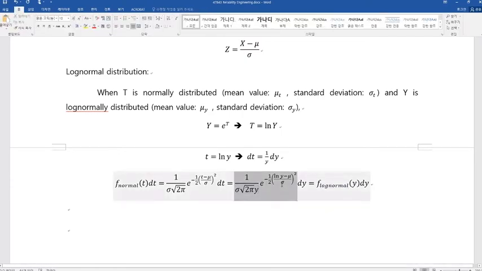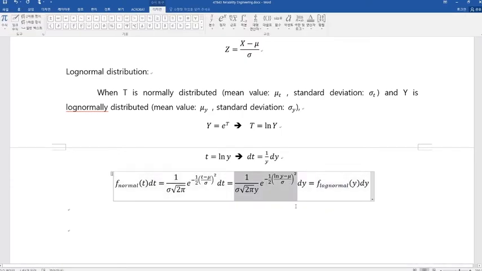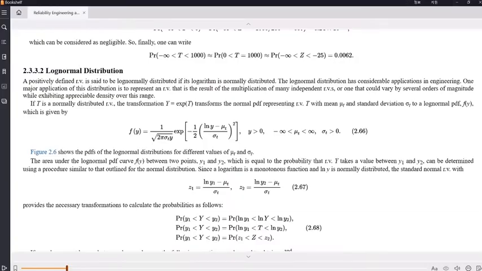So log normal distribution has this form of equation. So let's go back to the equation. So log normal distribution. Well, this still needs to be fixed. So this square root only applies to 2 pi. And sigma t and y should be placed outside of the square root.